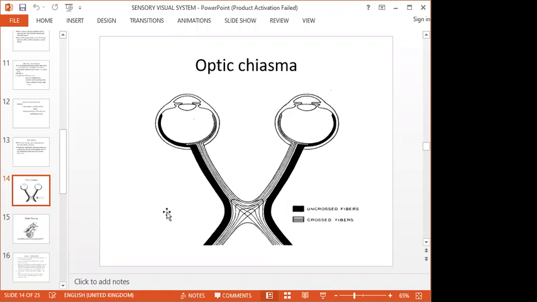Where the pathology is, opposite that is where the field defect will be. The person can't see in that direction. So if this is affected, your vision will be affected opposite here. If the fibers in the eyeball are affected, your vision will be affected in this area. Then you say, okay, the lesion is within the eyeball. But you can have a lesion here affecting here.